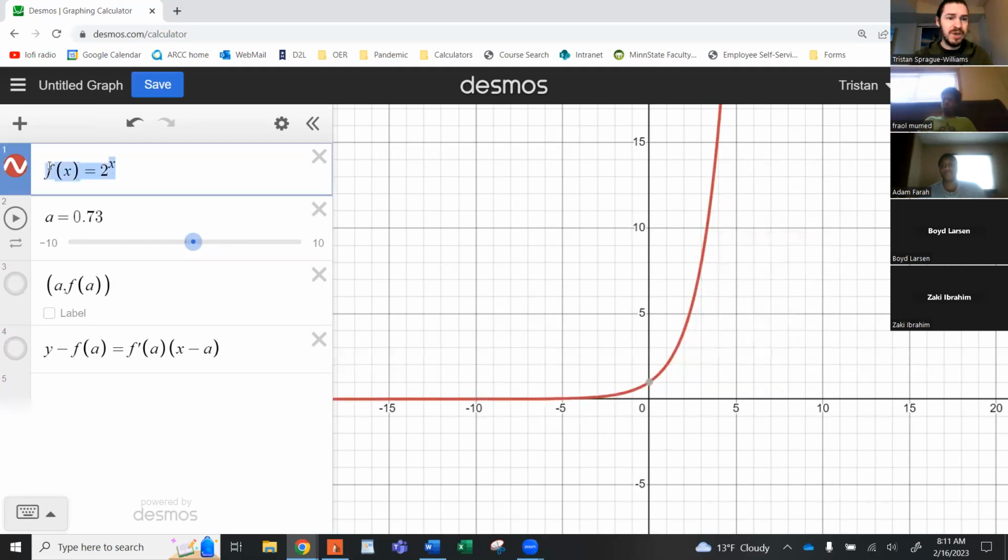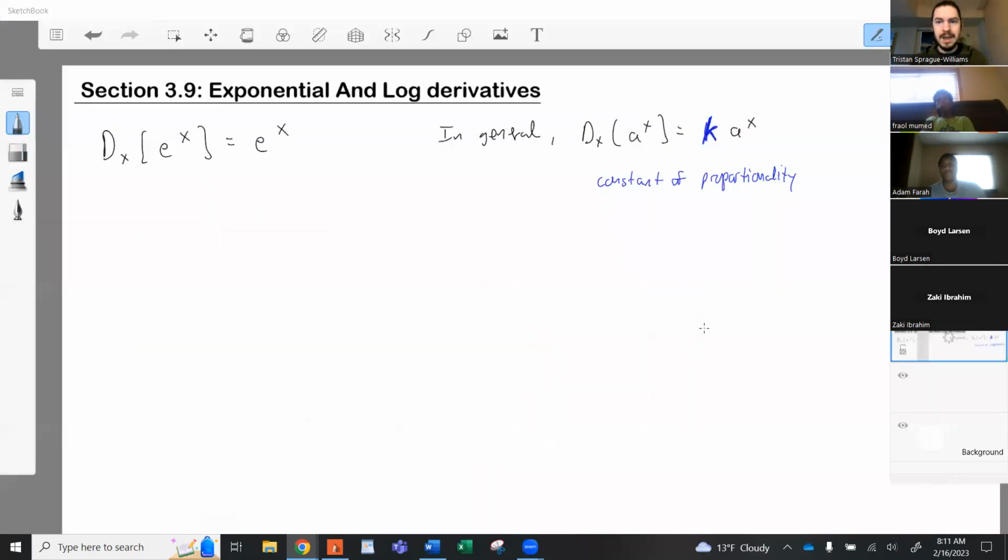And so exponential functions are the specific type of function that has that property. But then there's the question of, well, what is that constant of proportionality? And the number e, which I know the first, I don't know, 14 digits of.